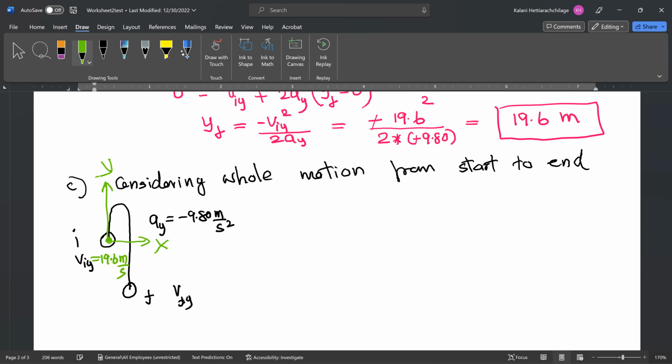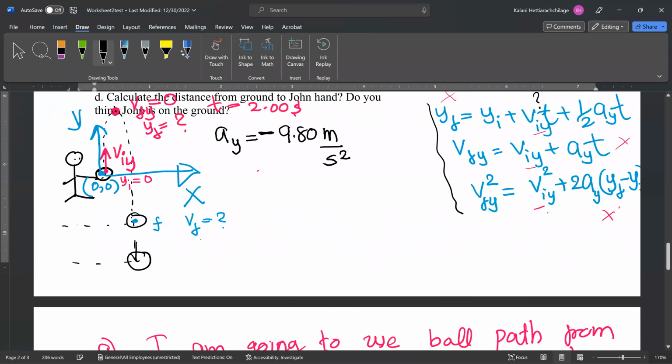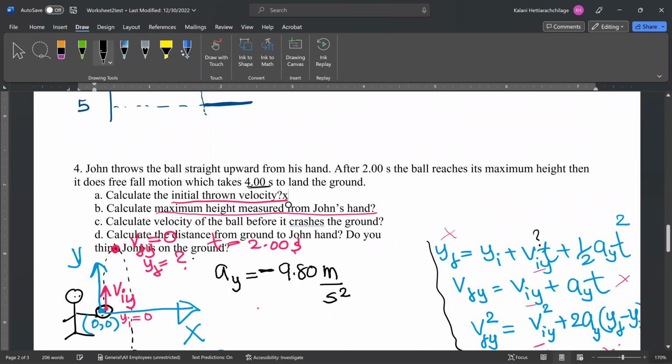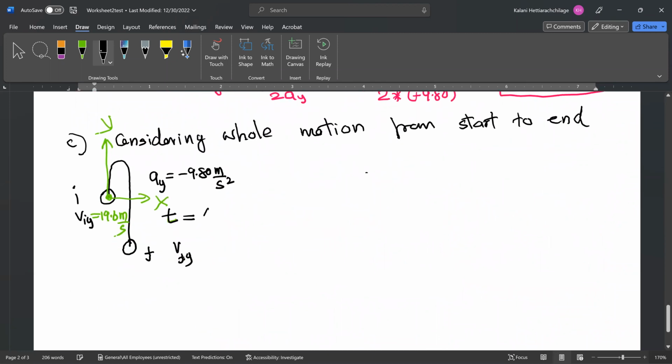Other than that, I need the time for the whole problem, not only the single part. You remember, if I scroll up to the question, the whole time is 4 seconds to crash into the ground, and 2 seconds will go up. That means the whole time is 6 seconds.